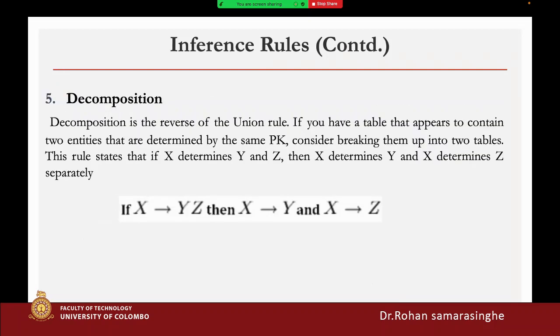Decomposition. Actually, we have done it practically, but in set theory we can explain it like this. Decomposition is the reverse of the union rule.